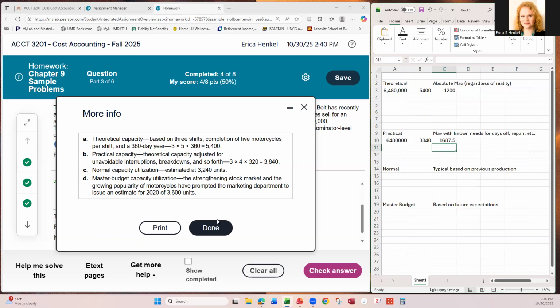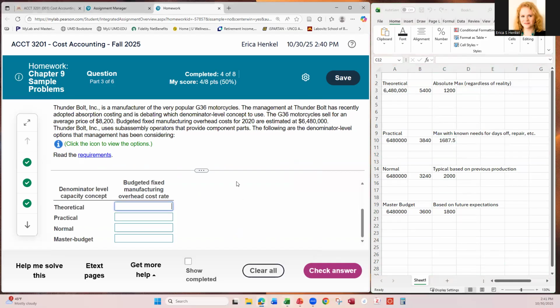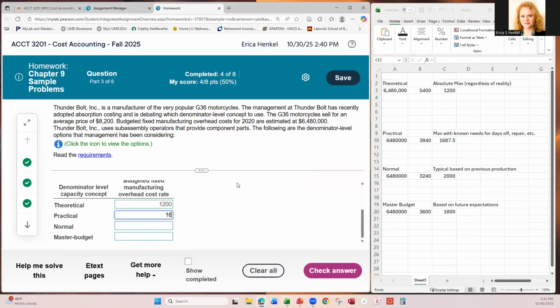Then for normal capacity, they're providing us 3,240 units, and then 3,600 units for master budget capacity. If we divide those out, that gets us to $2,000 per unit and $1,800 per unit. All right, plug these on in.